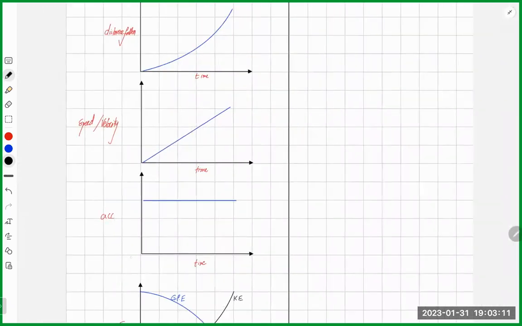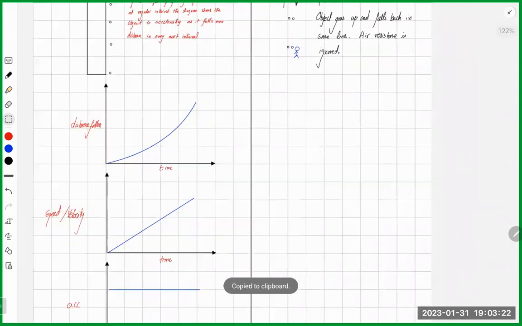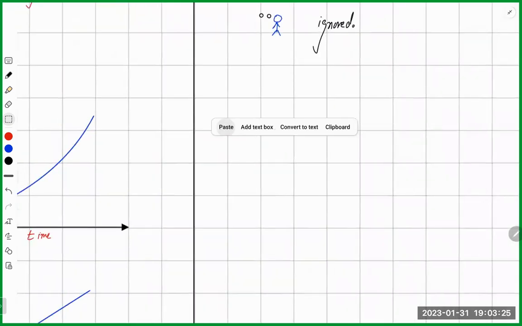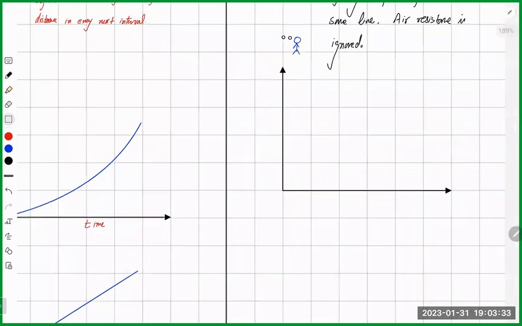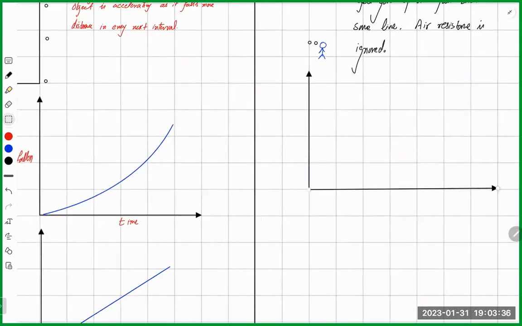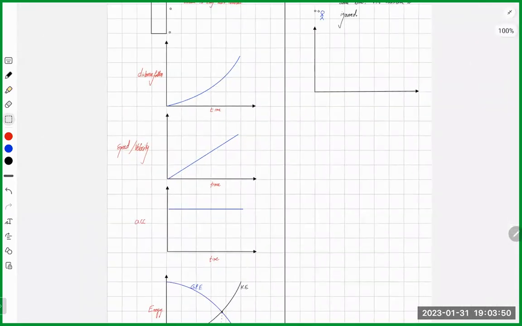So we need these axes again. And there will be a graph for distance traveled and one more thing.